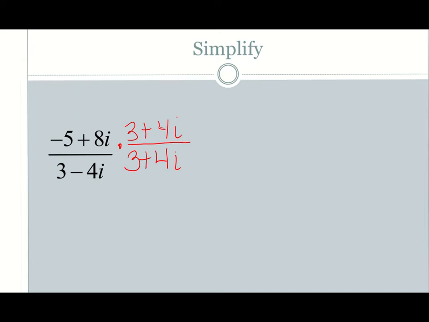So the only difference in this one than the previous examples is we're going to have a lot more simplifying to do because we have two binomials in the numerator as well. So when I go ahead and multiply this in the numerator and the denominator, I get negative 5 times 3, which is going to give me a negative 15.